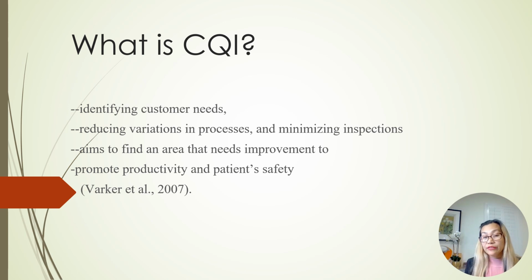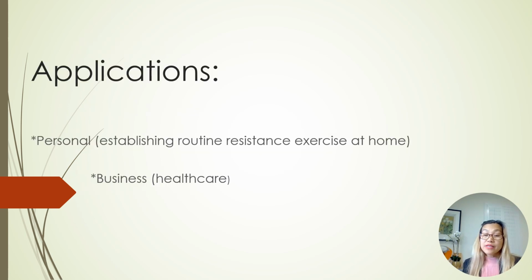So we are identifying customer needs in the business aspect, reducing variation in process and minimizing inspection, and it aims to find areas that need improvement to promote productivity, and in healthcare, patient safety. In this project, I'm applying the concept personally, and then I will reflect on how it applies in business or in an organization.